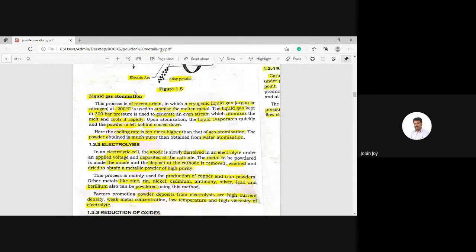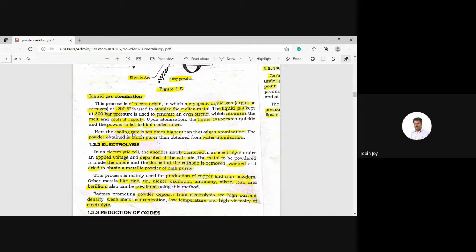The liquid gas kept at 300 bar pressure is used to generate an even stream that atomizes the melt and cools it rapidly. Upon atomization, the liquid evaporates quickly and the powder is left behind, cooled down.